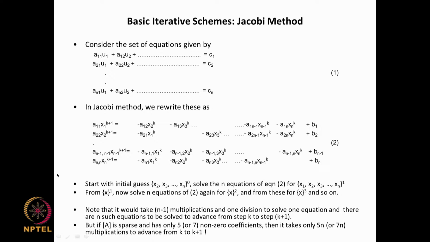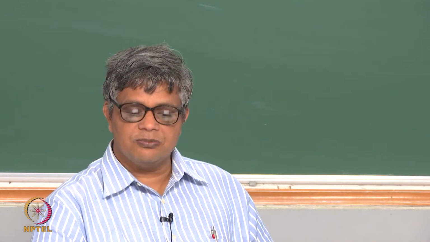And when you look at what is actually required to do these things, it is pretty straightforward. There is nothing difficult at all in going from step k to step k plus 1. It is very simple to program.